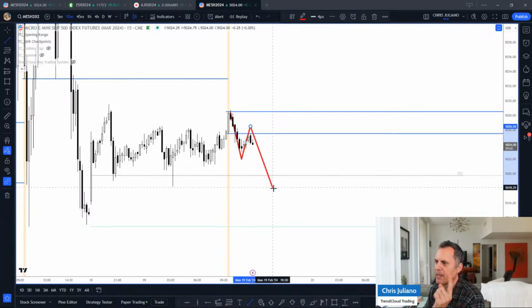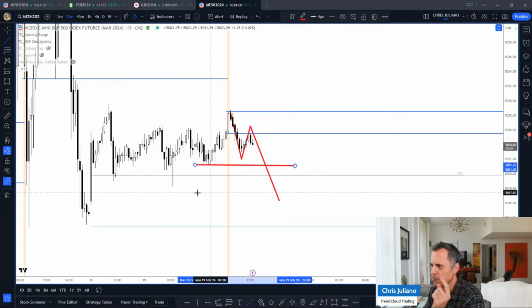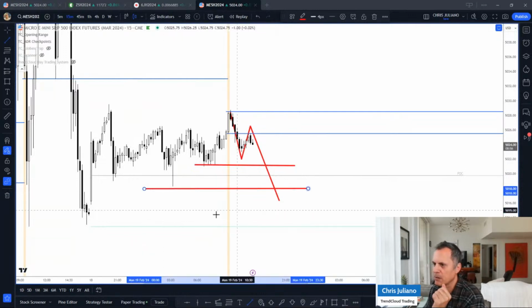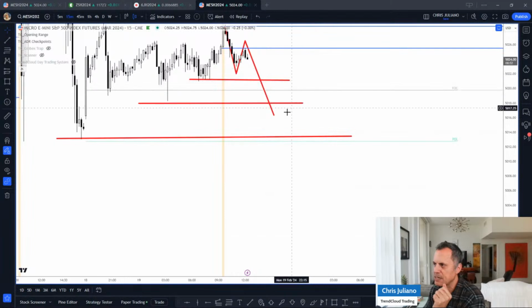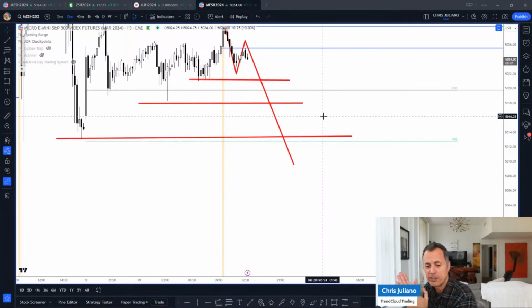What we want to see is a break of structure here and here, right? We want to see all of these levels get broken. And then we know that we're in a really strong downtrend. So that's just another piece of information to add to your trade to stay in the trade, okay?